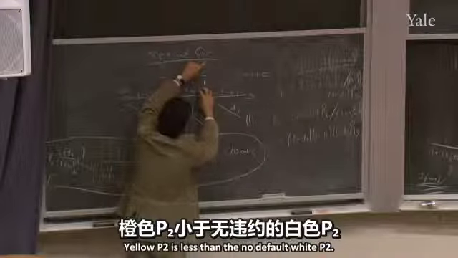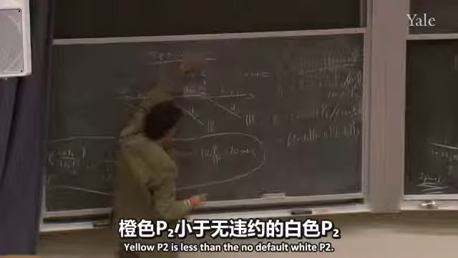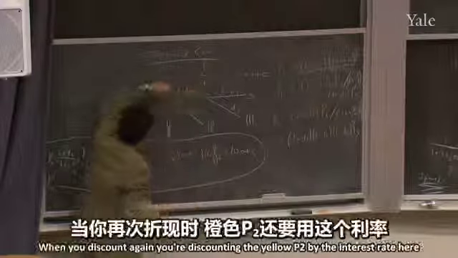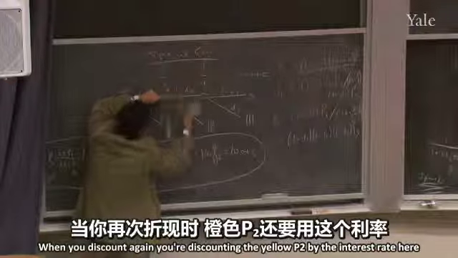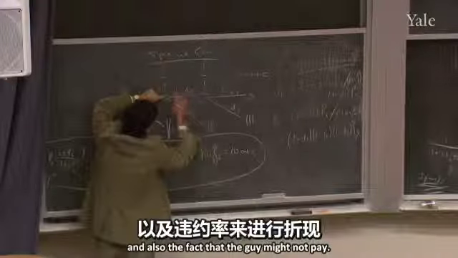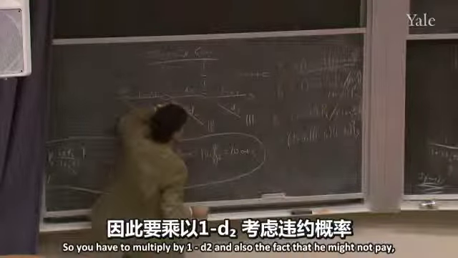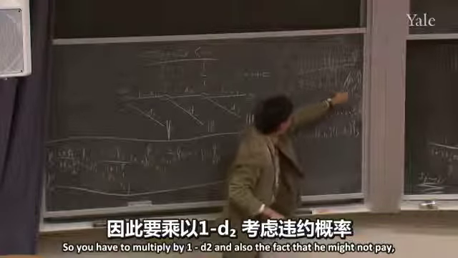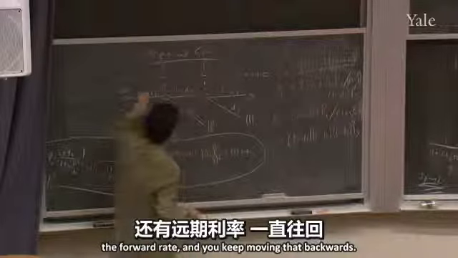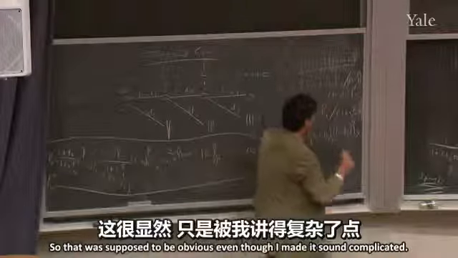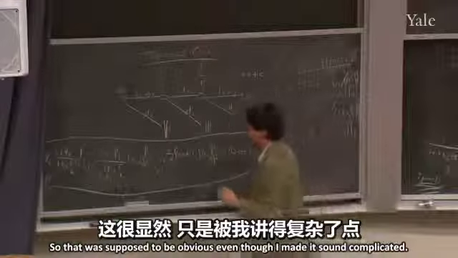The yellow P2 is less than the no default white P2. When you discount again, you're discounting the yellow P2 by the interest rate here and also the fact that the guy might not pay, so you multiply by 1 minus D2. And you keep moving that backwards. That was supposed to be obvious, even though I made it sound complicated.